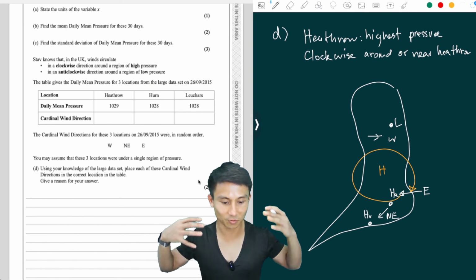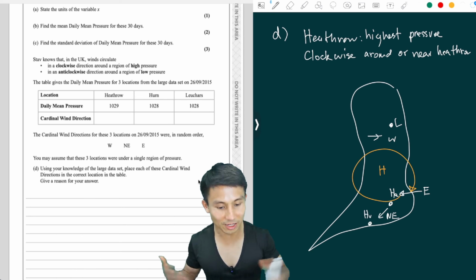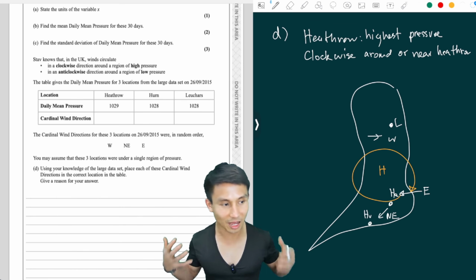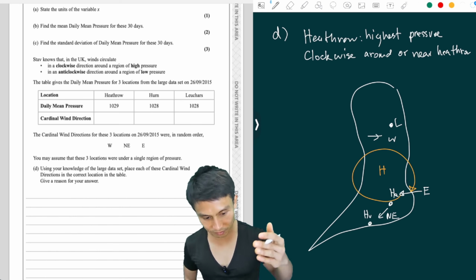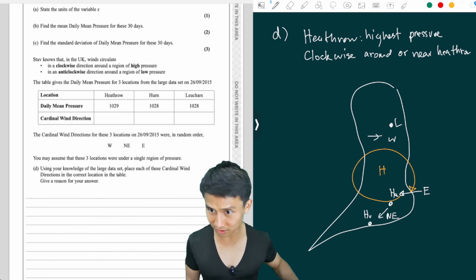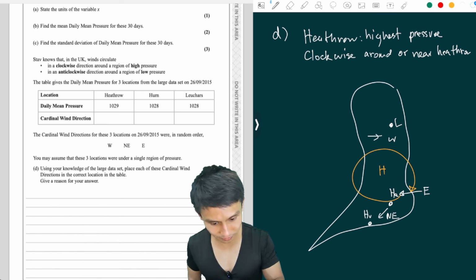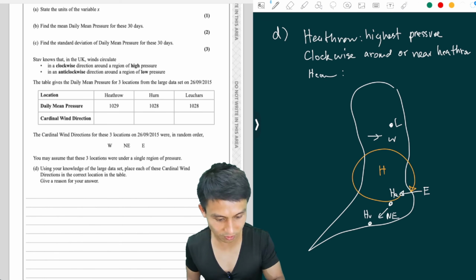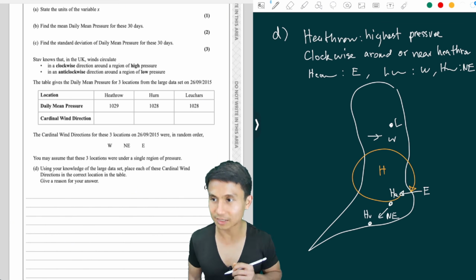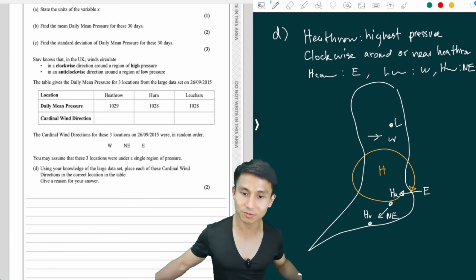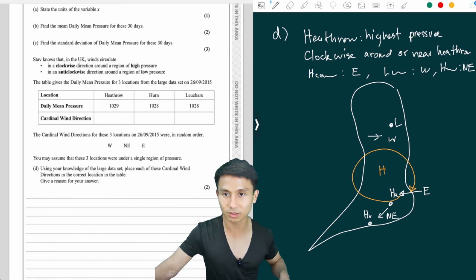We say it's clockwise near the high pressure, and then we write down the cardinal wind direction. Heathrow, we say east; Lucas, we say west; and Herne, we say northeast. And that's it. I already explained the logic to determine all the wind directions here.